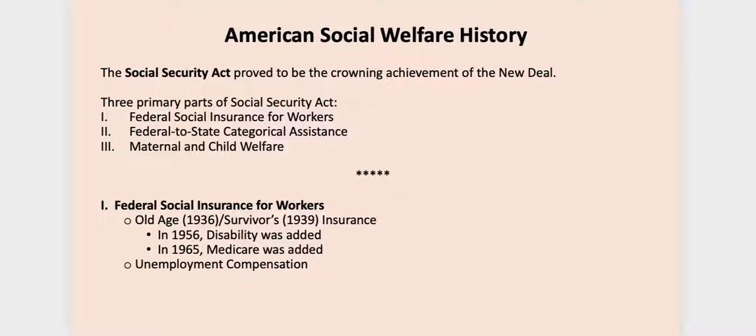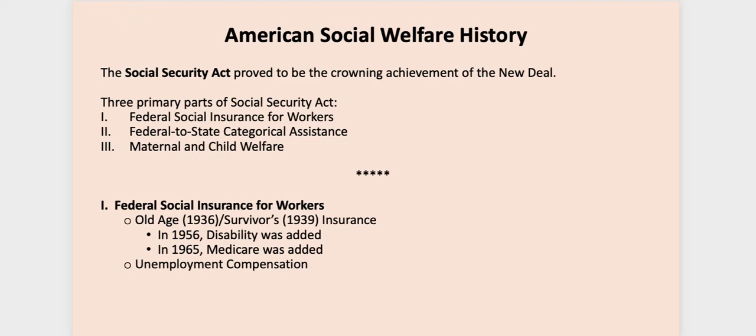Survivors actually were added in 1939. This is your Social Security retirement program. Originally it was just for the worker. They added children's benefits for retired workers in 39. In 1956, under the Eisenhower administration, the Social Security Act was extended to include disability.